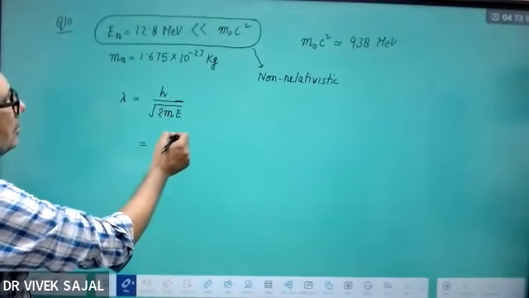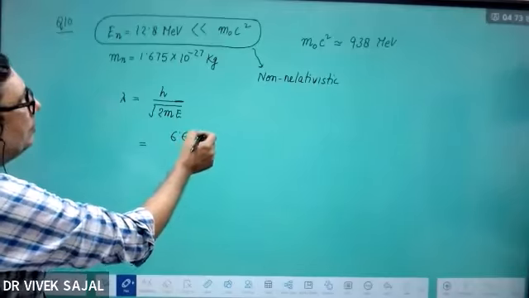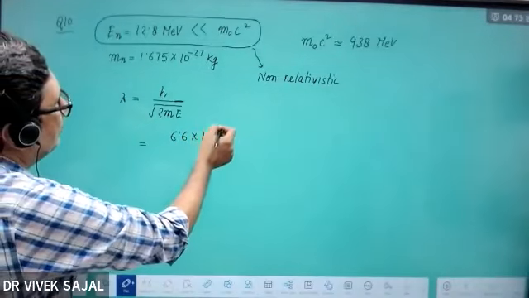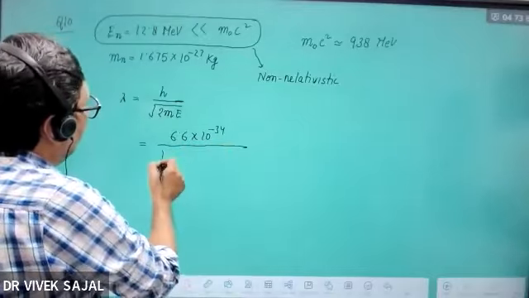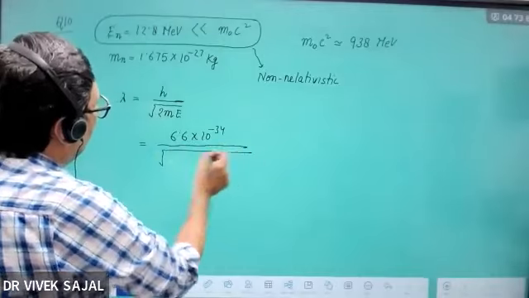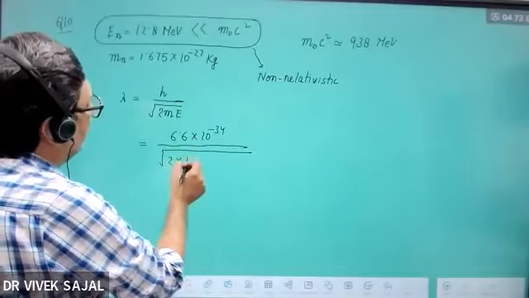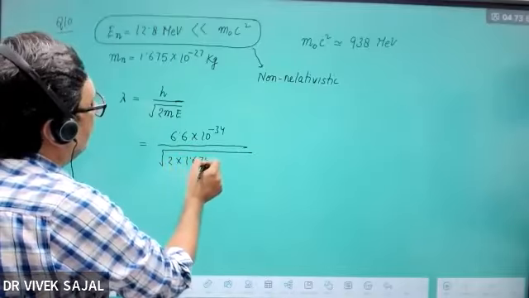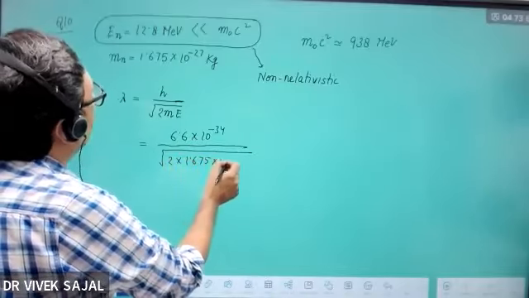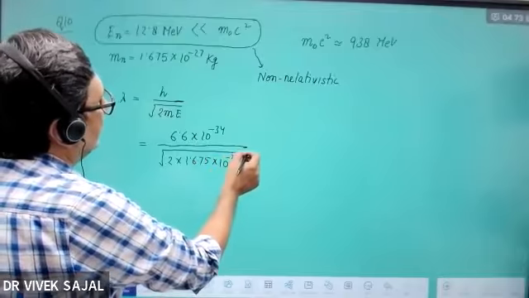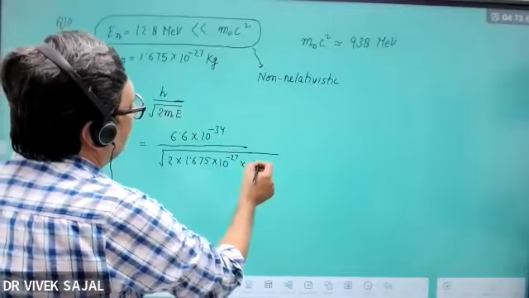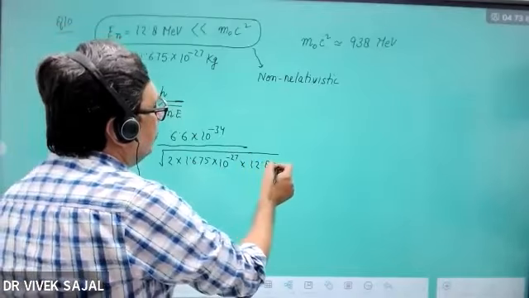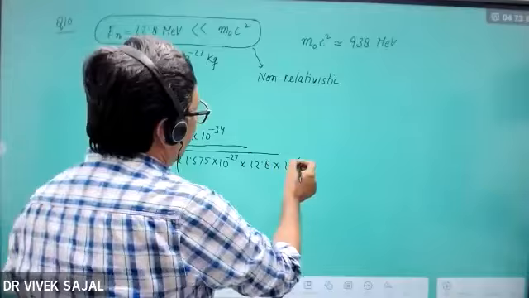This will be 6.6 into 10 to the power minus 34 divided by square root of 2 into mass, given as 1.675 into 10 to the power minus 27 kg, multiplied by energy, 12.8 into 10 to the power 6.